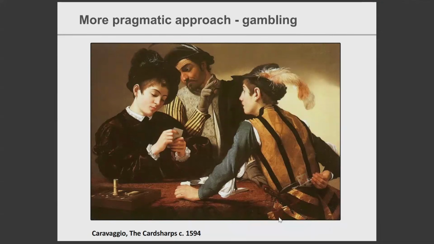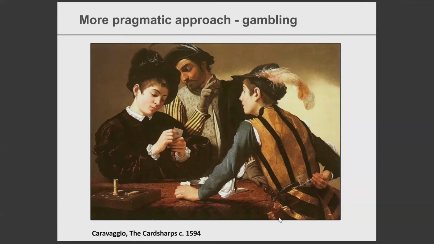But the other one, much more pragmatic, that made much more progress in a way, was gambling. So here you have a beautiful picture by Caravaggio about card sharps. This naive young man is being cheated by those people who are hiding the cards behind, and the other guy is also looking and signaling with the fingers what the cards are.